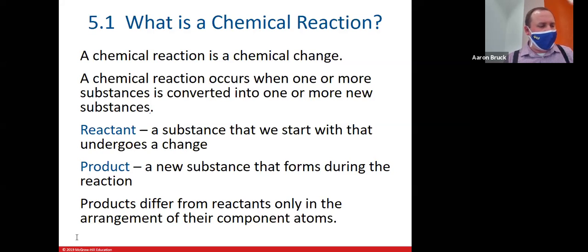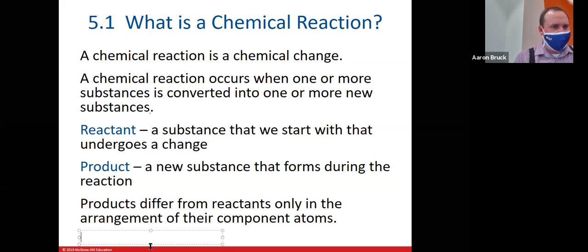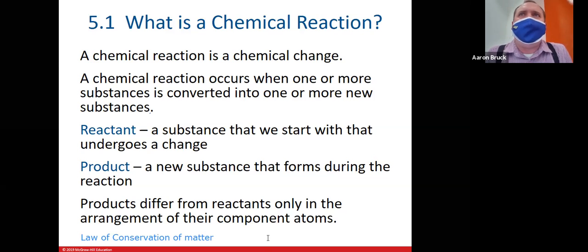This speaks to a larger concept, the law of conservation of matter, which says that atoms, matter, can't be created or destroyed in the process. So every single atom that was present as reactant is present as product. The only difference is how those atoms are arranged with each other.